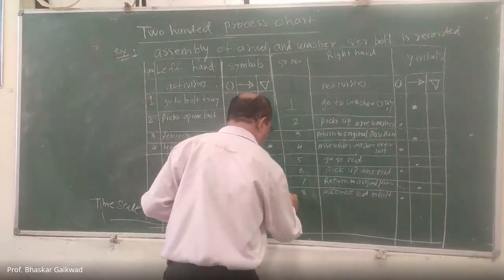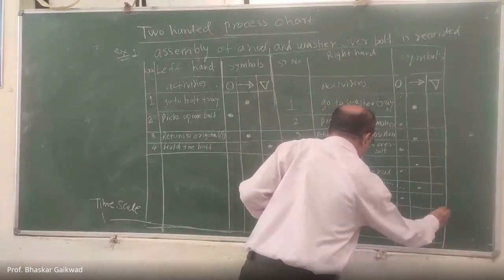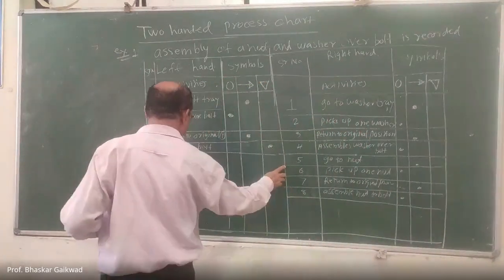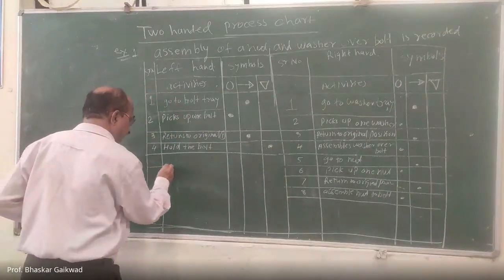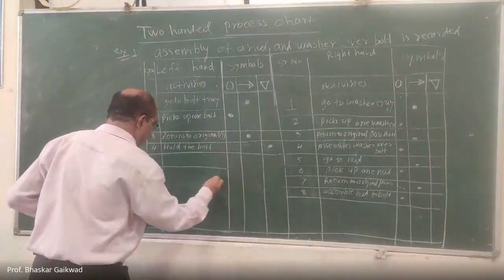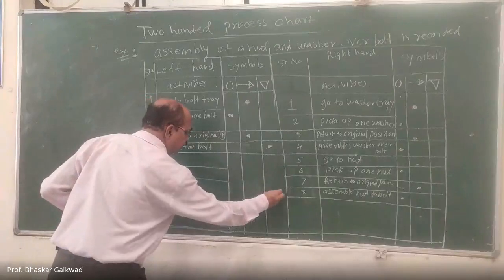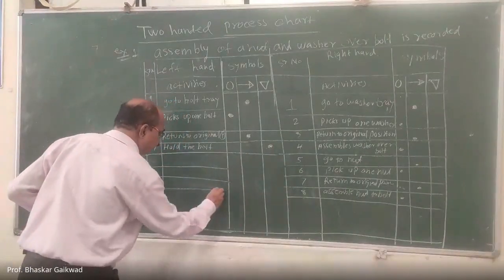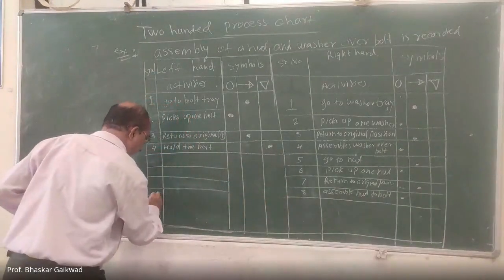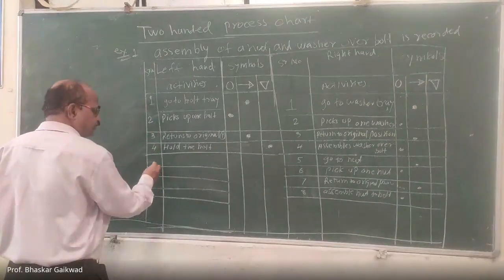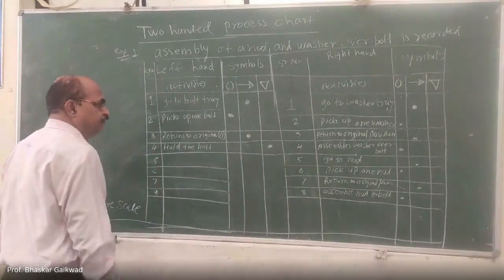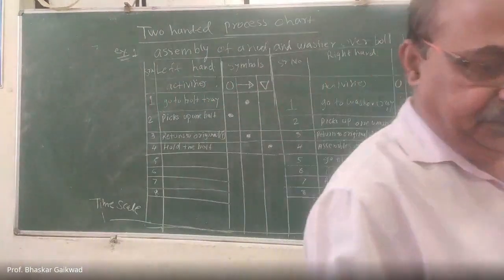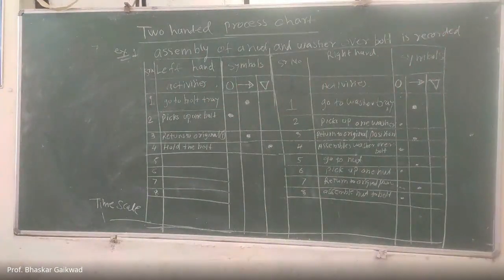So up to eight, we have five, six, seven, eight.